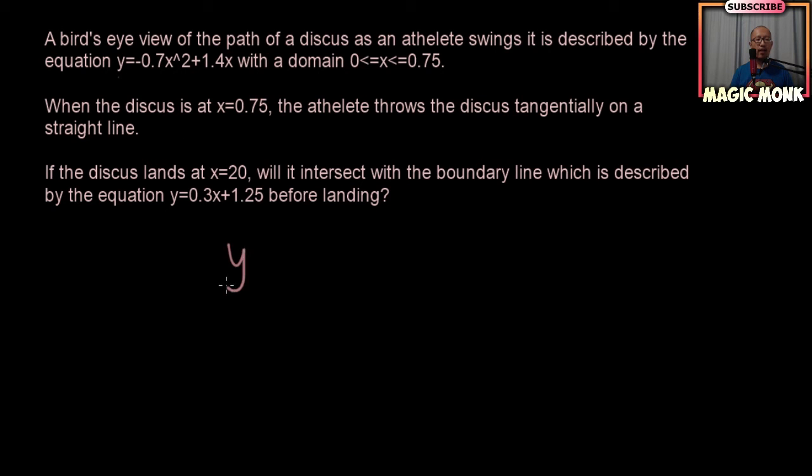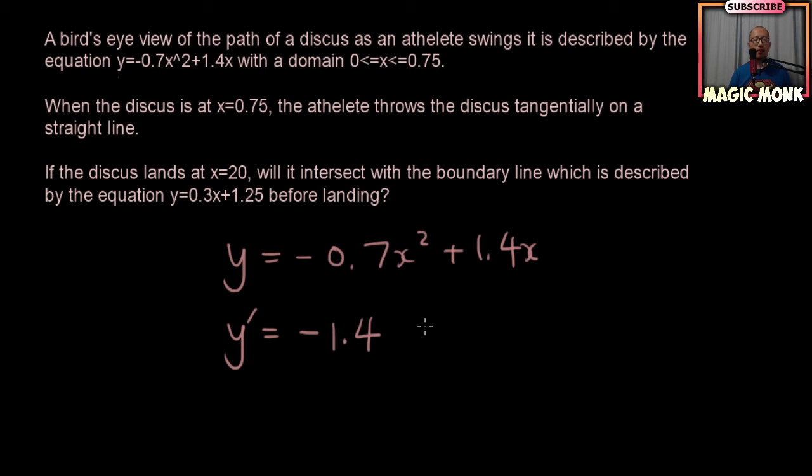So if y is equal to negative 0.7x squared plus 1.4x, then y dash, which is the gradient function of y, is going to equal negative, so 2 times 0.7 is 1.4, x plus 1.4. So that's the function that's going to give you the gradient of this line.